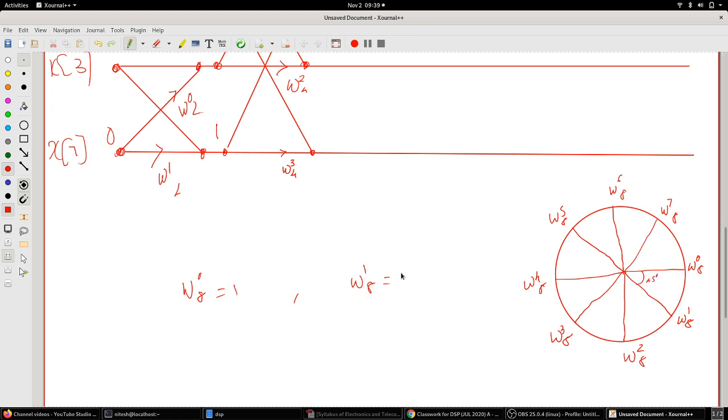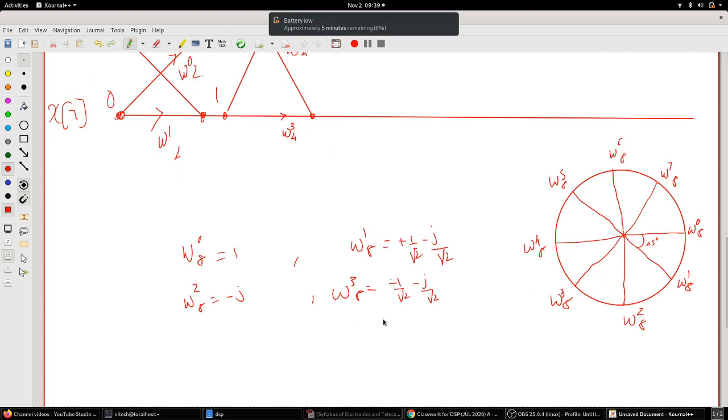So W1 of 8 is in the fourth quadrant, so this will be 1 by root 2 minus j by root 2. Same way, W2 of 8 will be minus j, W3 of 8 will be minus 1 by root 2 minus j by root 2, because it's in the third quadrant, right?